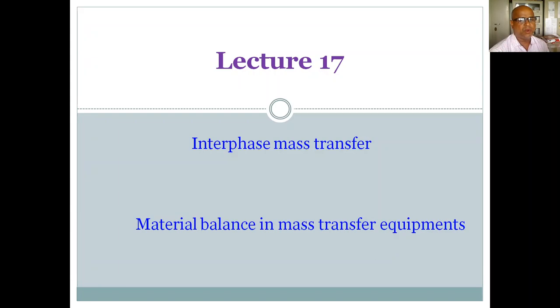There will be two boundary layers, one from the G phase, another from the L phase, and there will be an interface. Thereafter, we calculated overall mass transfer coefficients, one based on the gas phase or G phase, and another based on the L phase or liquid phase.